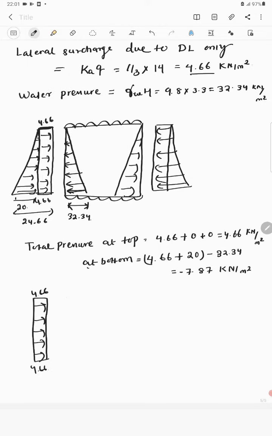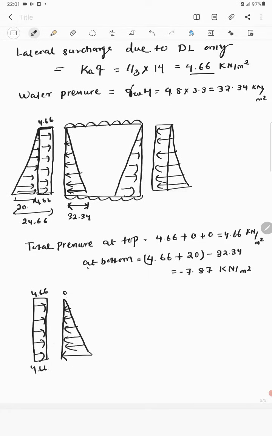So the resultant will be in the opposite direction.